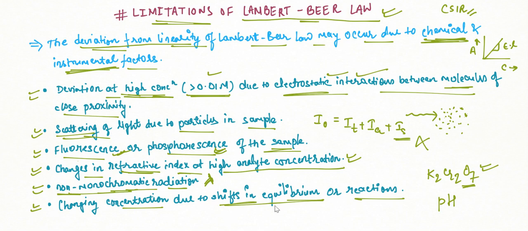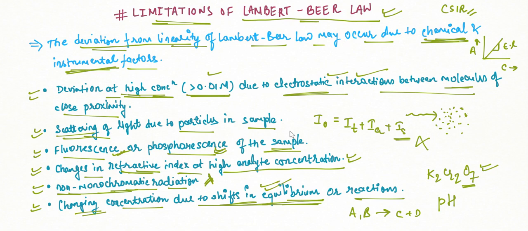So because of shifts in equilibrium, if two species A and B are there, and there is a change in pH or something, A and B might react to give C and D and so on. That is because of the shift in equilibrium, which may change the species for which we want to detect the spectrum. So that is one more reason which contributes to the deviation from the Lambert Beer law.